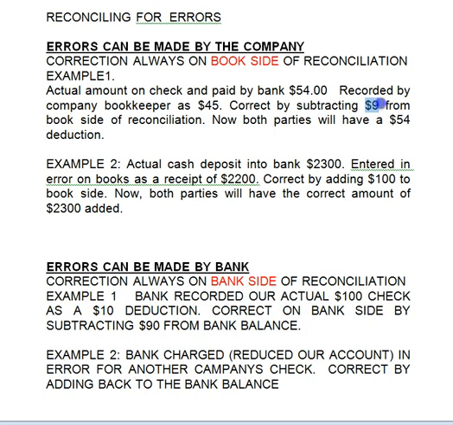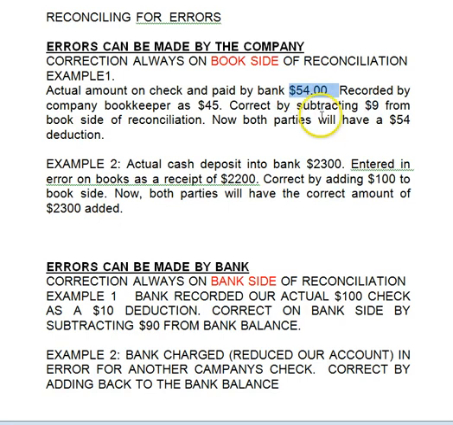Well, we have to subtract another $9. So on the book side of the reconciliation, you're going to deduct, error in recording check so-and-so, another $9.